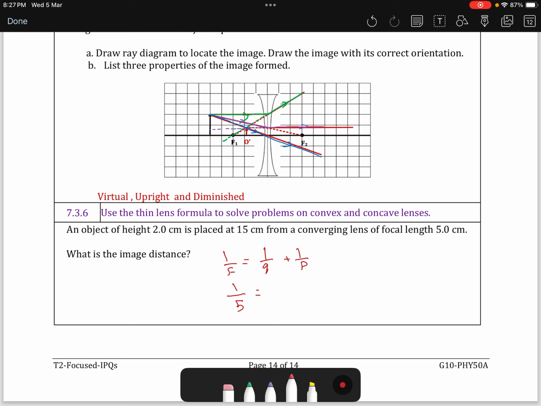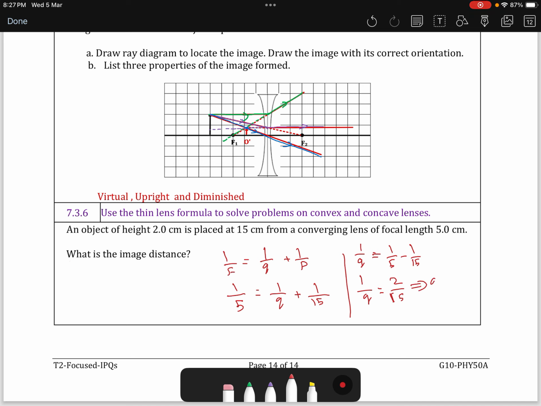Okay, that's 1 over 5 equals 1 over q plus 1 over 15. So 1 over q equals 1 over 5 minus 1 over 15. 1 over q equals 2 over 15.